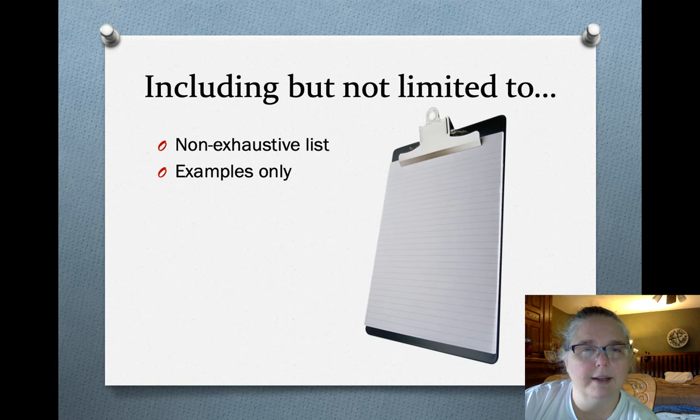The ever lovely "including but not limited to" phrase, it basically is nothing more than a cue that this is not an exhaustive list. Okay, it's giving you illustrative examples. If you're on it, great, you're definitely caught by it, but you shouldn't ever hope to make an argument in front of a judge that says, well, I wasn't on the list.